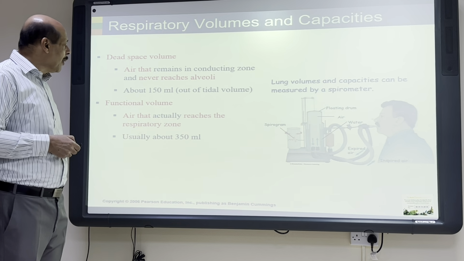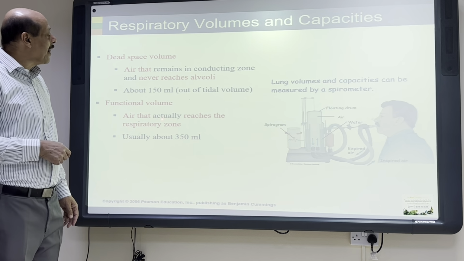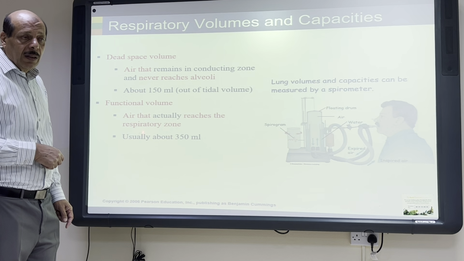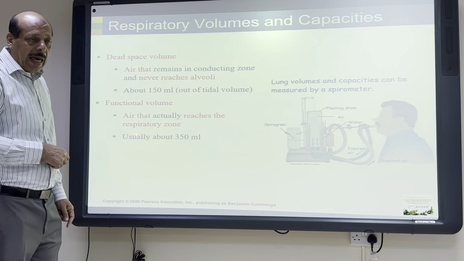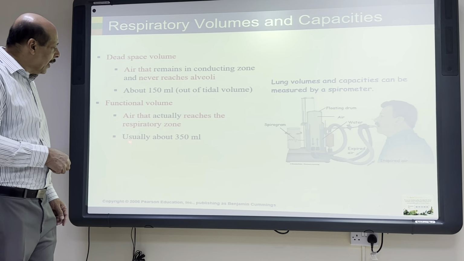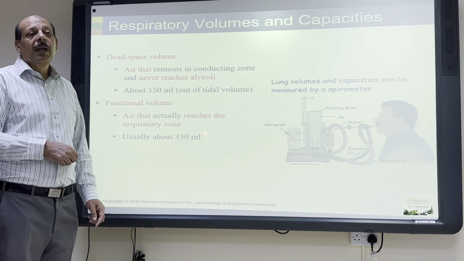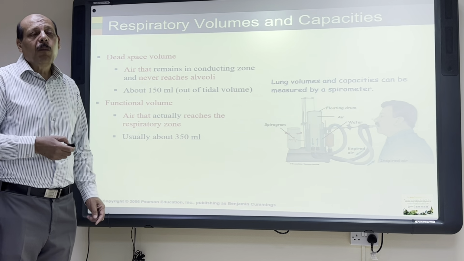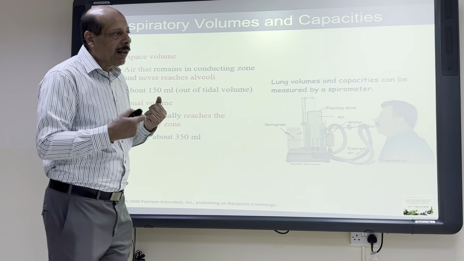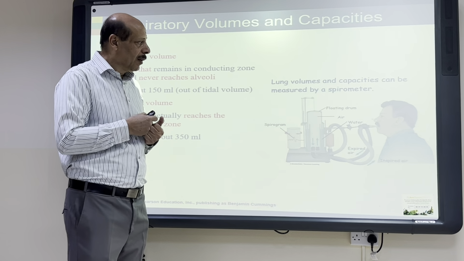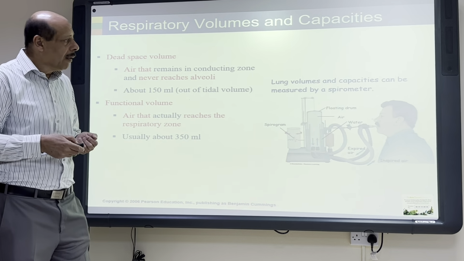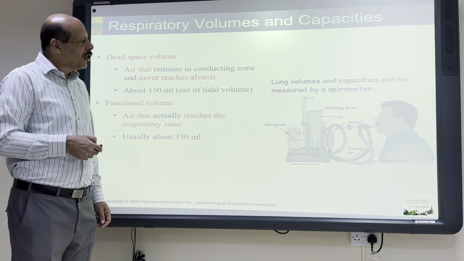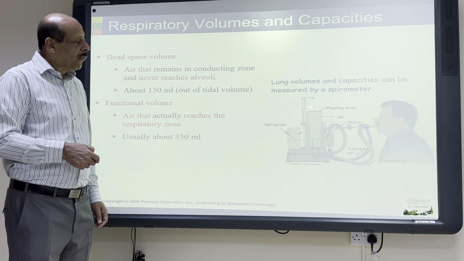So the functional volume, which is the air that actually reaches the respiratory zone, the area that has the alveoli, is usually about 350 ml from the 500 ml of the tidal volume. This machine is measuring the amount of air.